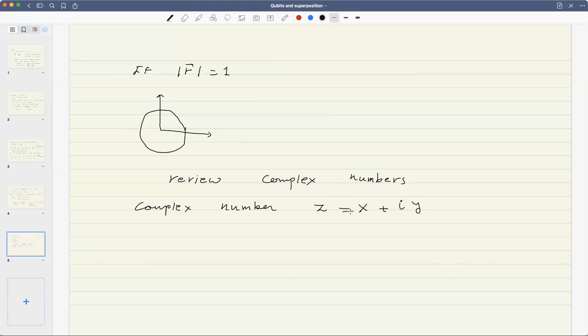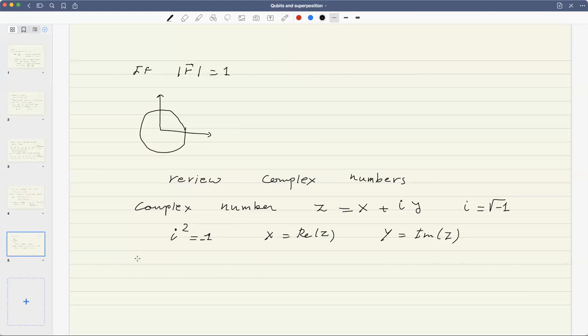So it's written as x plus i times y. i is the so-called square root of -1, so i squared is -1. We know that any real number squared is going to be non-negative, so i cannot belong to the real numbers. x is the real part of z, y is the imaginary part of z.